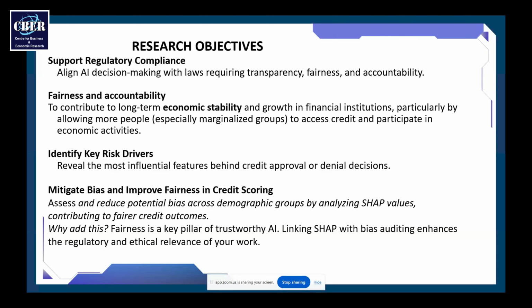To mitigate this bias and improve fairness in credit scoring, we decided to use a new model which is more advanced than the traditional machine learning models, and that model is known as SHAP. We are going to see how SHAP works and how it addresses the issue of trustworthy AI, so that when AI takes a decision, we'll be able to trust it more based on the outcomes.